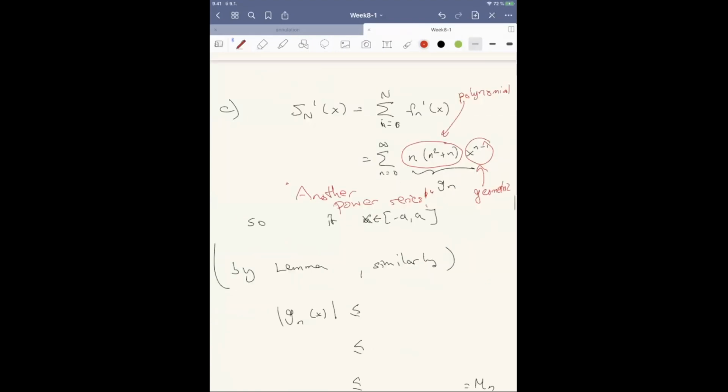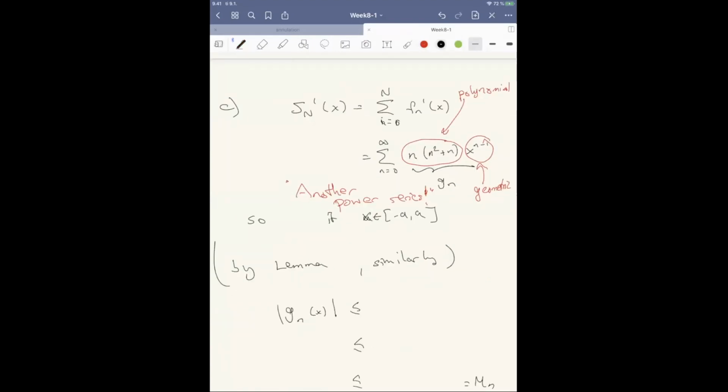So by the lemma, again, there exists a constant c so that n squared plus n is less than or equal to c times b to the n. Now this c will be different from above, and then we get the same bounds, c b to the n, a to the n.